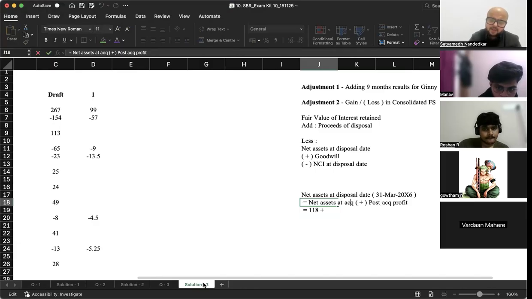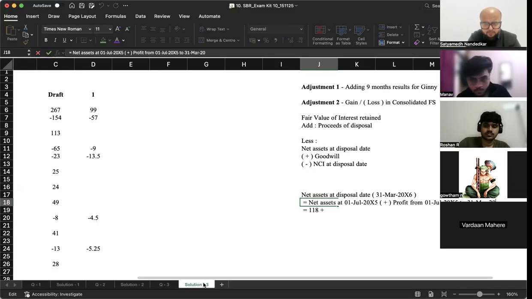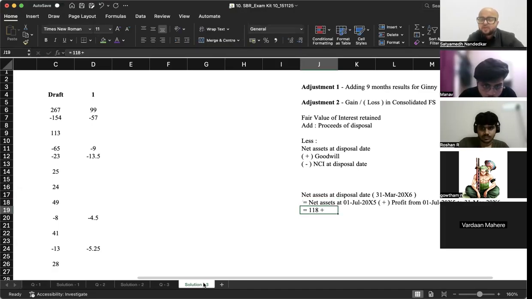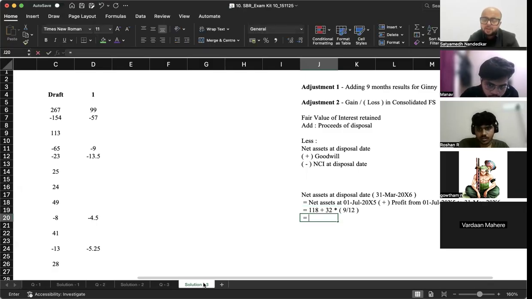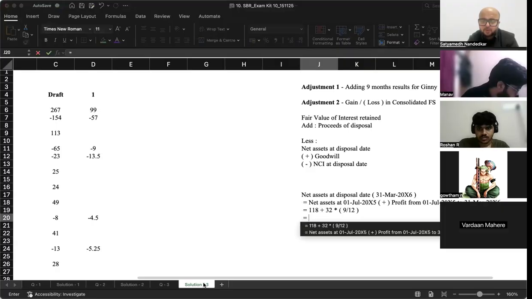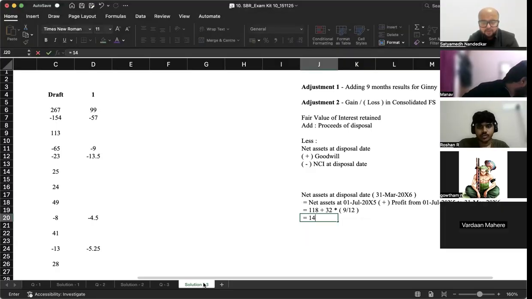I'll take net assets at 1st of July 2005 plus profit from 1st of July 2005 to 31st of March 2006, 32 into 9/12. 118 plus 24 is 142.